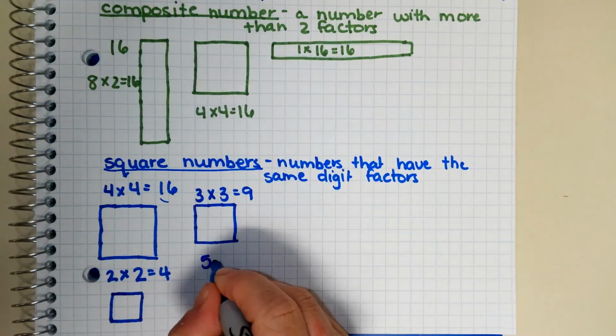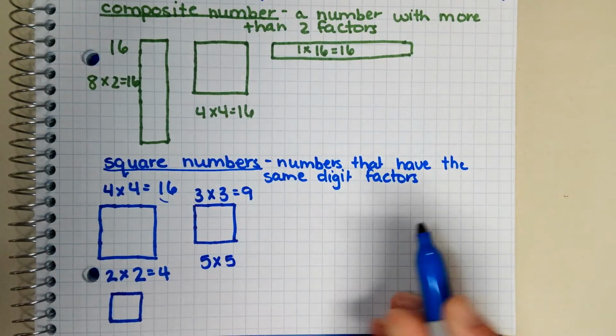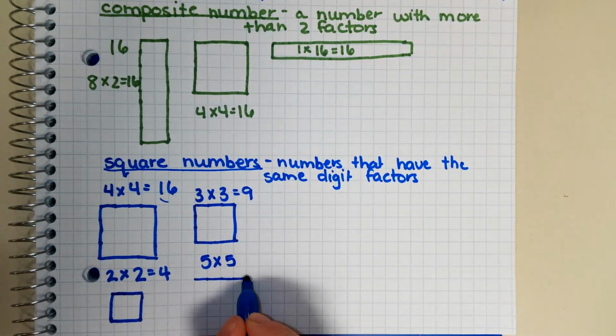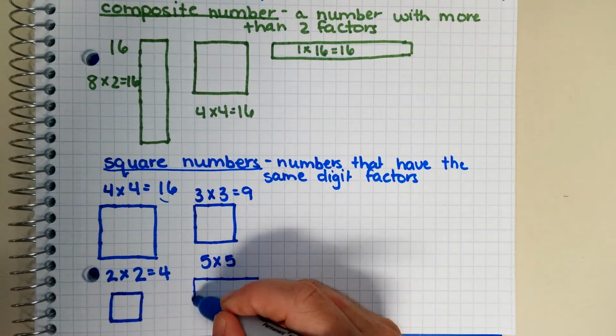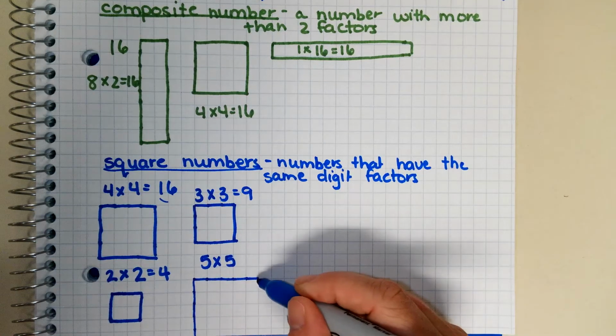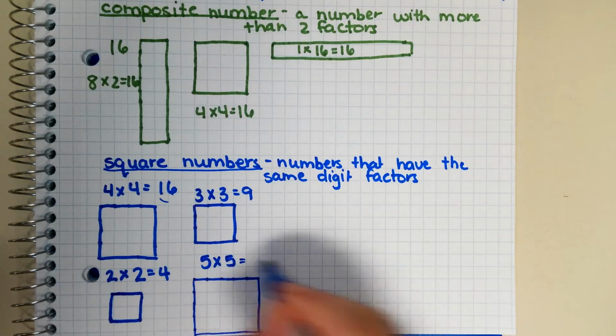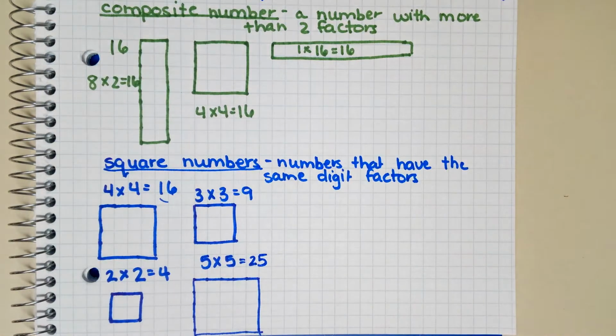Similarly, 5 times 5. We'll go across 1, 2, 3, 4, 5, and down, 1, 2, 3, 4, 5. If you were to count up all the tiles in there, 5 times 5, it is 25. Okay, so all of these are square numbers.